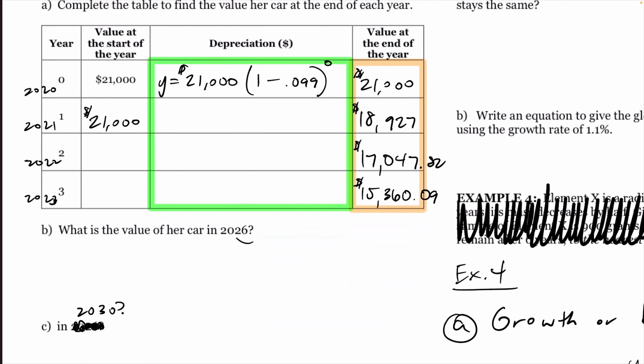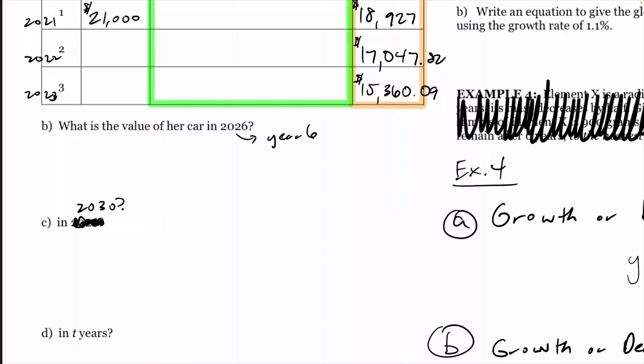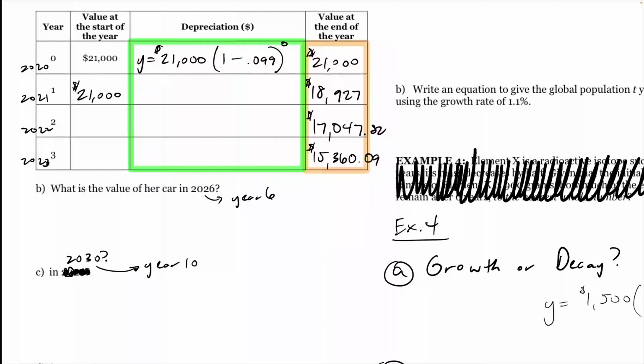So 2026 would be year 6. C is supposed to be 2030. It was a typo. 2030 would be year 10. So how old is her 6-year-old car?